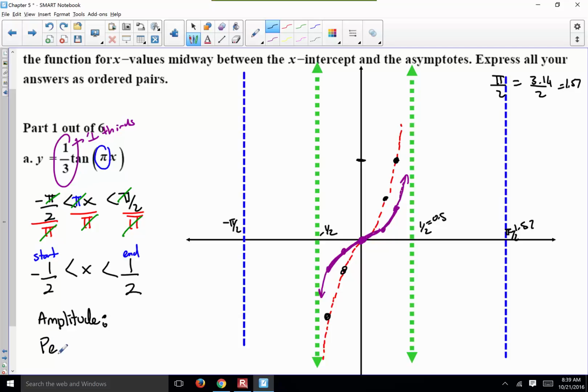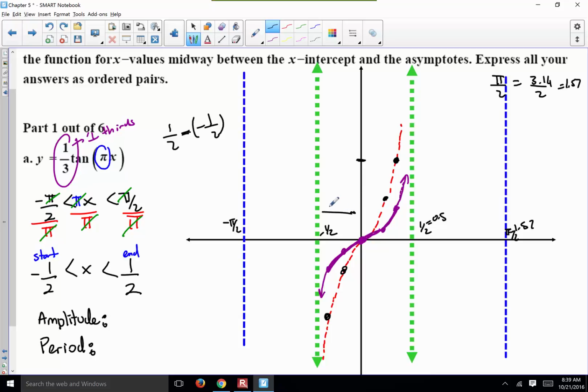Okay. How about the period? It's 1. Kind of add these two numbers, or subtract these numbers. 1/2 minus -1/2. You subtract those two numbers and see how much it extends out.